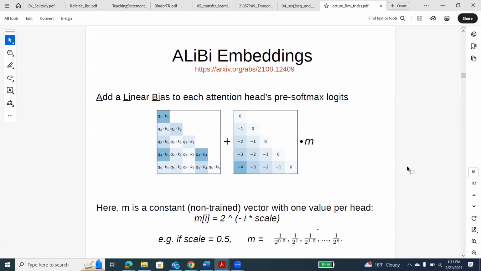Just add a larger number for embeddings with larger position. So just a simple addition of constants. That's why it's called a linear bias.